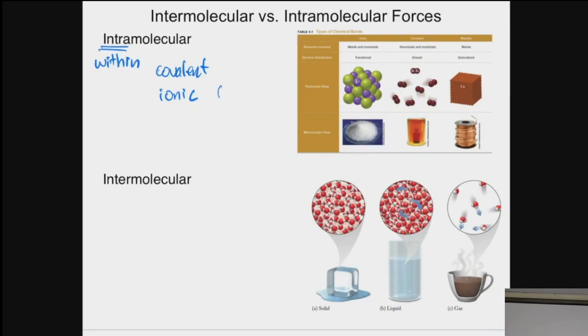Ionic bonds are typically the strongest, but both ionic and covalent bonds are stronger than the intermolecular attractive forces. This is what we're going to be learning about now. These are the forces that are happening between the molecules. Right? These tend to be weaker. They also act over larger distances.